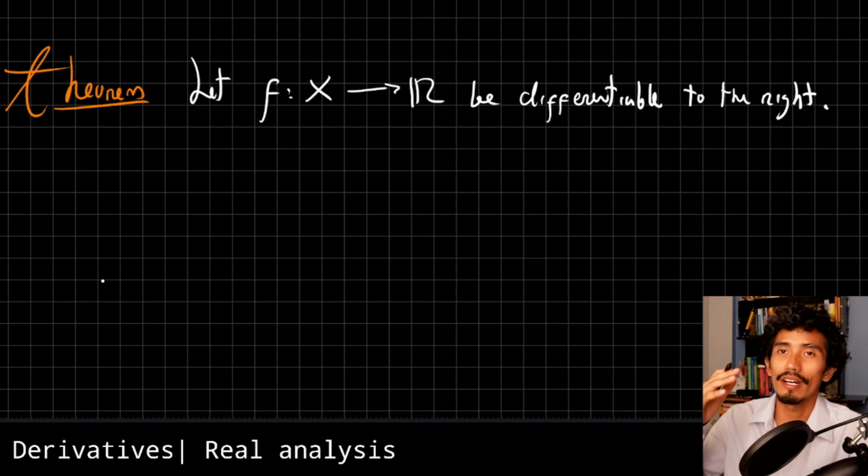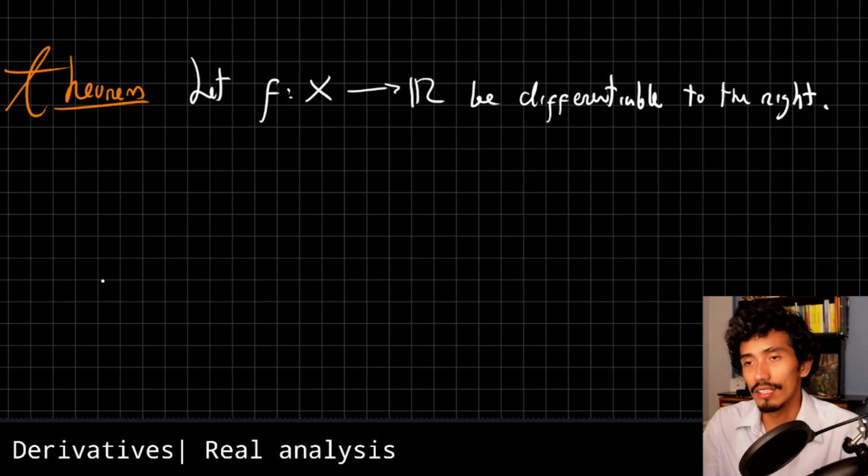So remember that when a function is defined on a domain, a point could be an accumulation point or may not be. If it is an accumulation point, it can be an accumulation point to the left or to the right. And if it's both at the same time, then we can talk about differentiable left and right at the same time, or just differentiable.